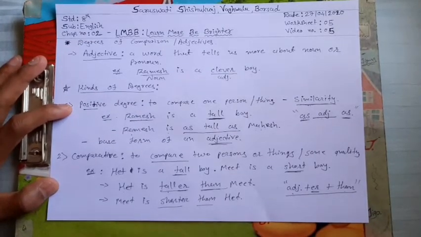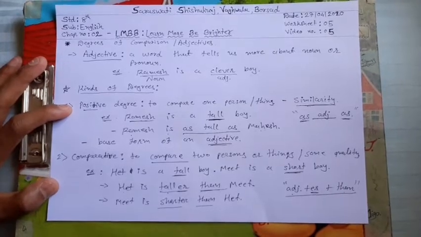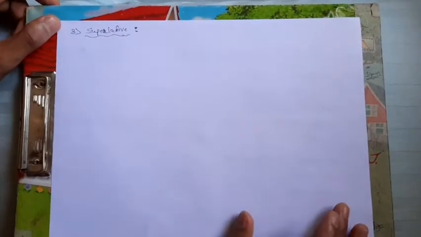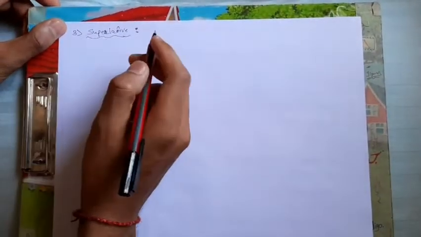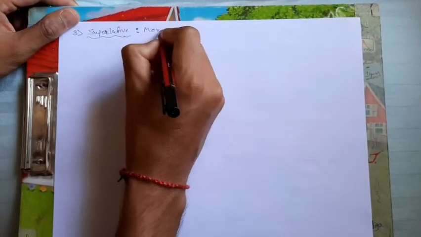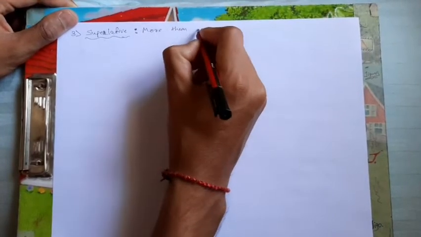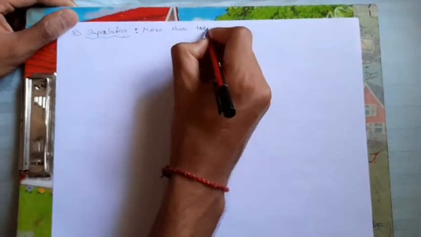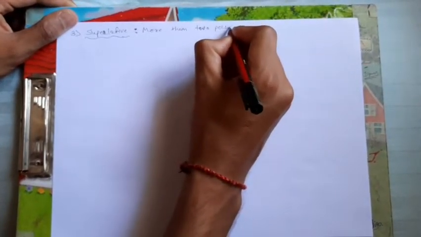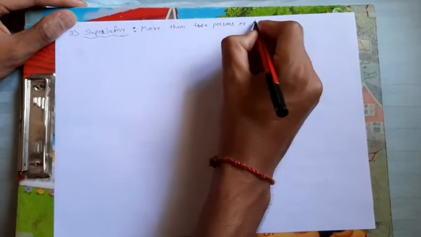Now we will see superlative degree, the third form of degrees. Superlative degree is used when we compare more than two persons or things.